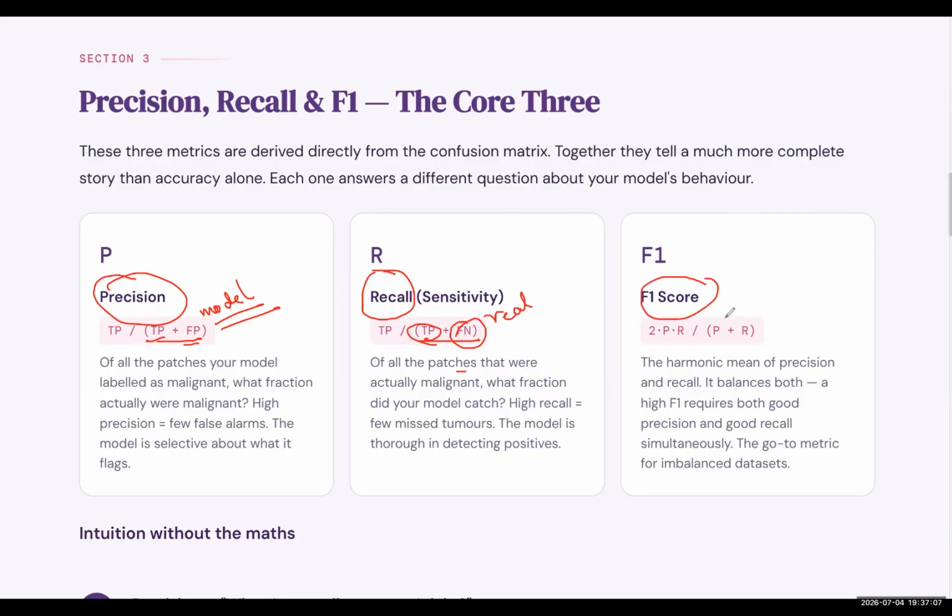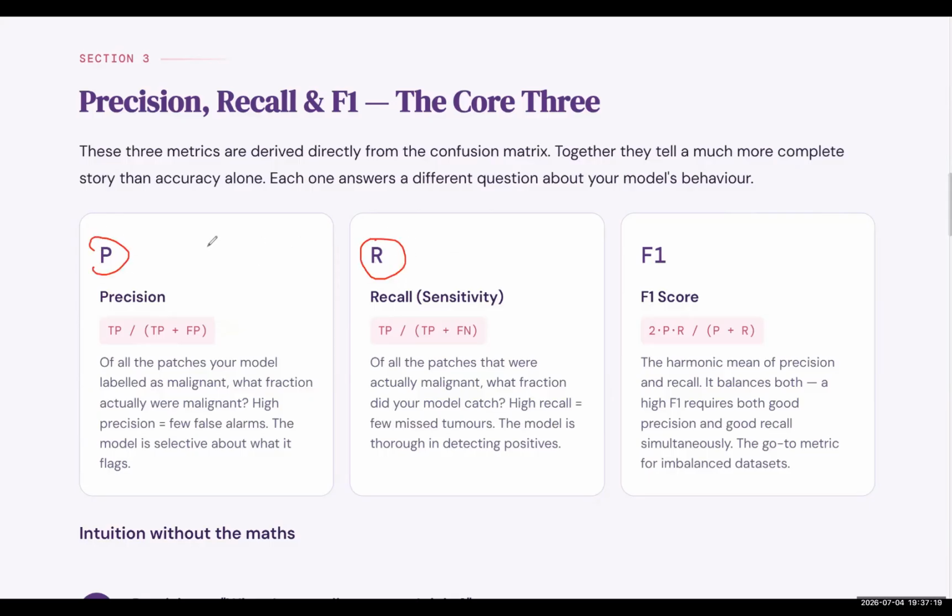And what is the F1 score? In statistics, there are different types of means. This is a harmonic mean. How do you get a harmonic mean? For two quantities x and y, it is 2xy upon x plus y. So this is the formula of the harmonic mean.